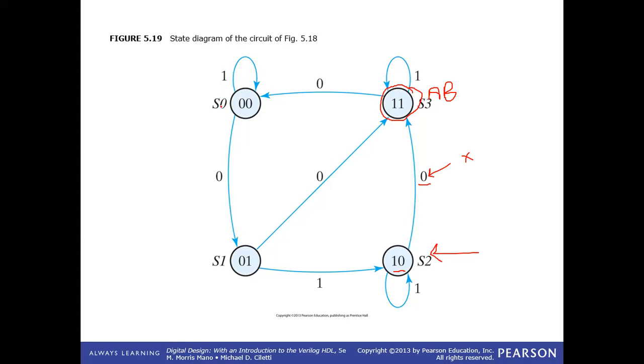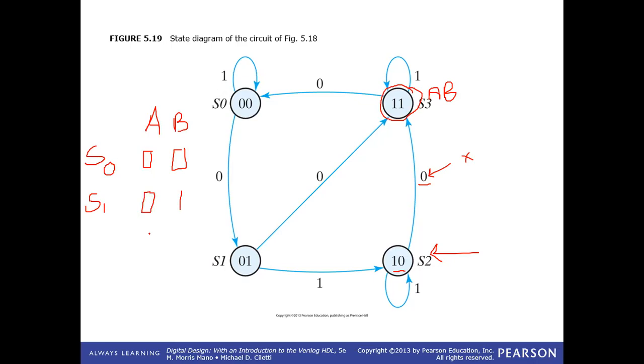S0 represents the zeroth state. I'll try to write it out over here for you. If AB is 0, 0, this represents S0. If A is 0 and B is 1, this represents S1.